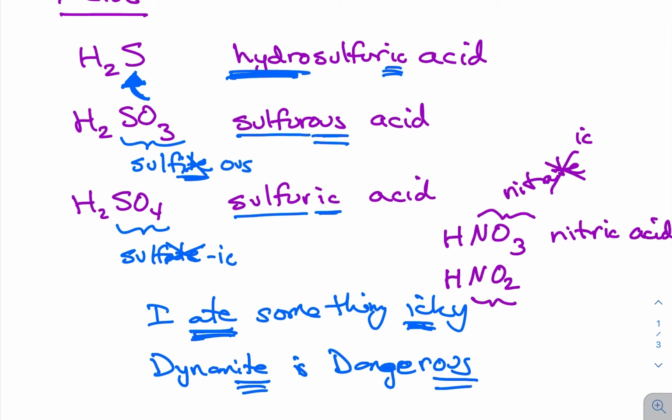Whereas the NO2 minus ion is the nitrite ion. "Ite" is going to become "us." So this is nitrous acid. Notice that neither one of these has a hydro in front because it doesn't contain just a nitrogen. It contains these polyatomic ions as part of the acid compound.